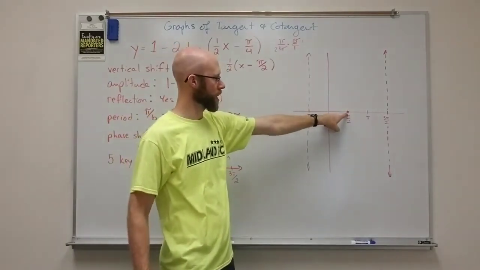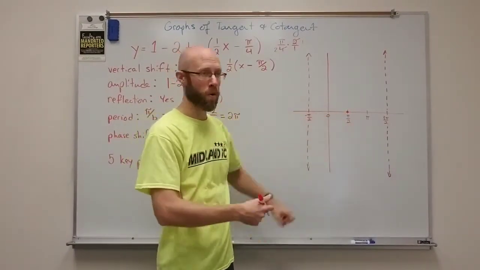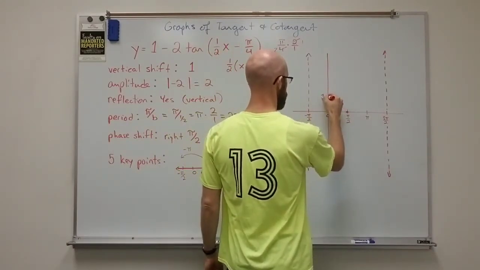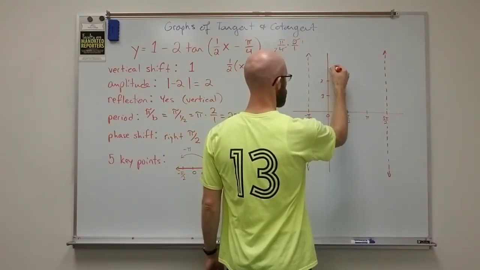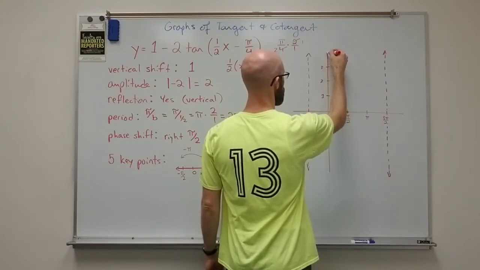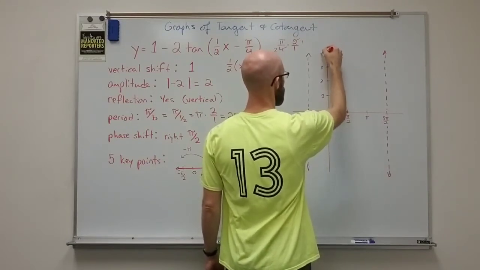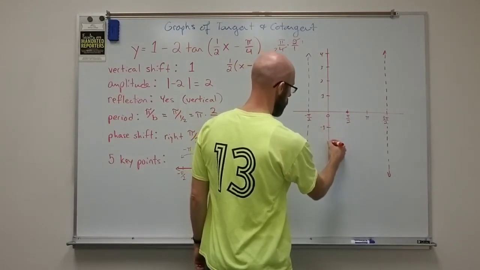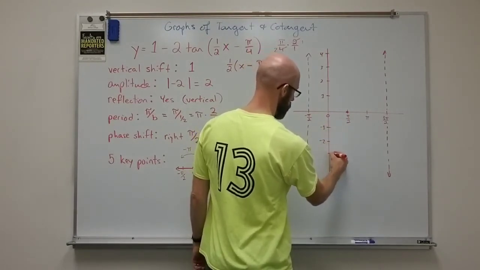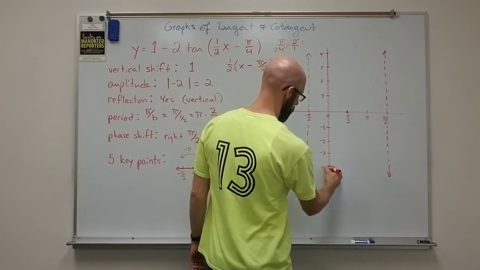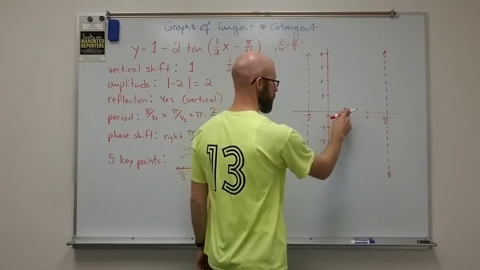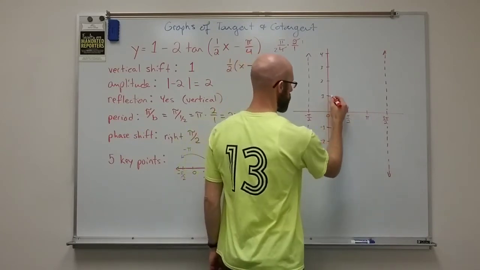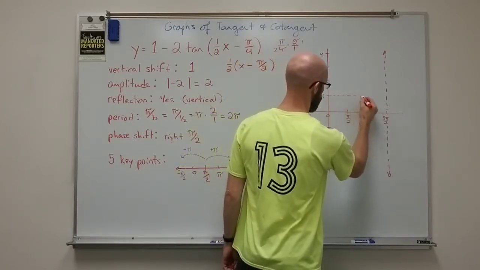The vertical shift actually makes the intercept rise up 1. So let's put 1 here, 2 here, 3, maybe I'll throw 4 in as well. And then -1, -2, -3, and -4. So instead of having an x-intercept there, we don't. We really want that to be up 1 unit.